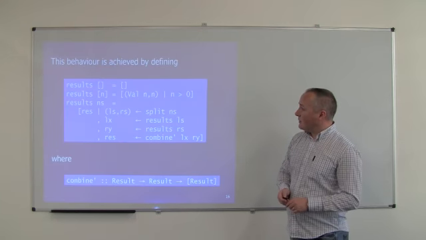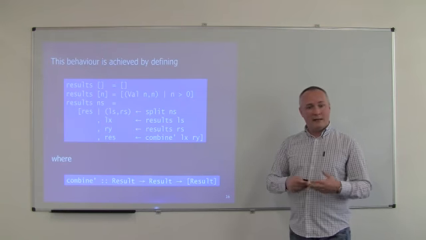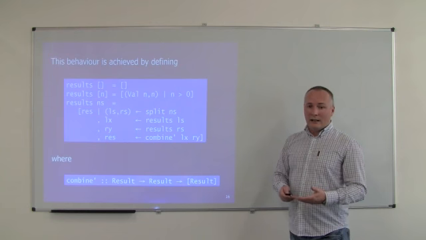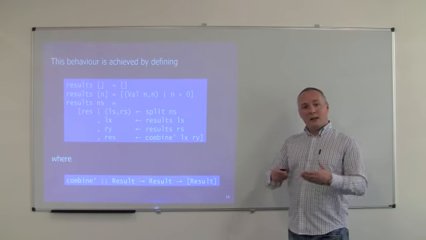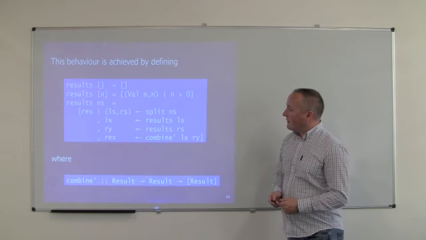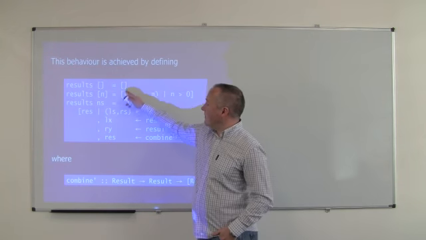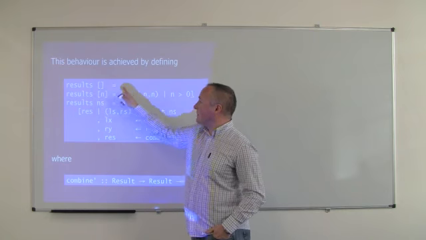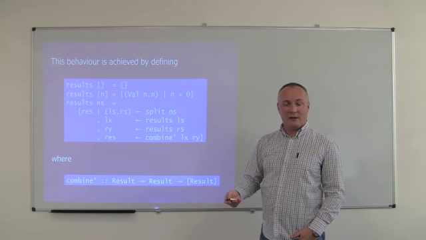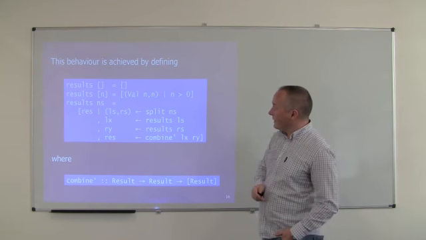It turns out to be quite simple to do this. Here's the way results is defined. It's defined using exactly the same pattern of recursion as the expressions function, but it does a little bit more. Let's talk through each of the cases. The base case is the same. If I give you no numbers, there's no results. You can't build any expressions which successfully evaluate, so there's nothing to do there.